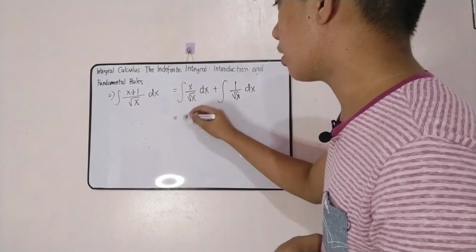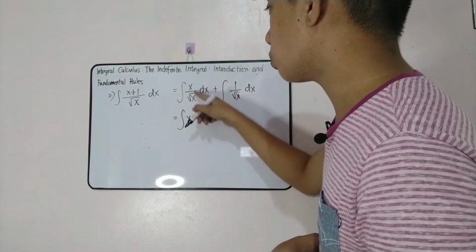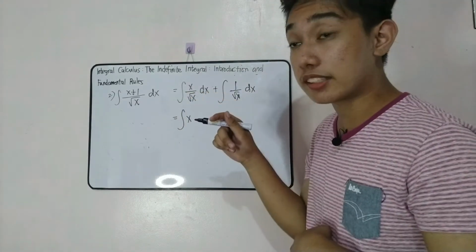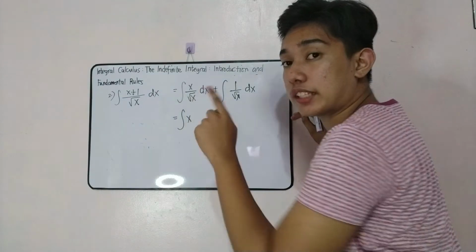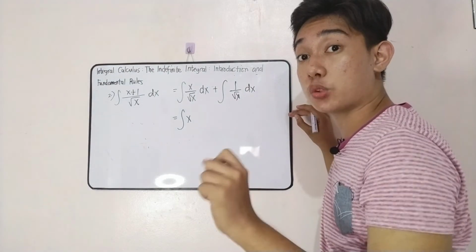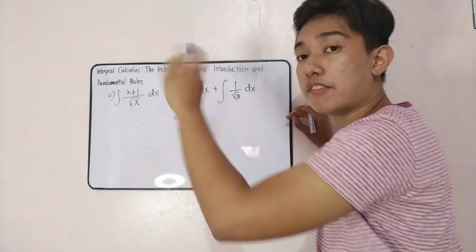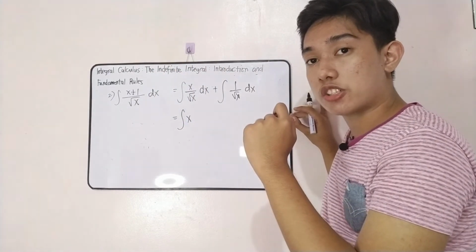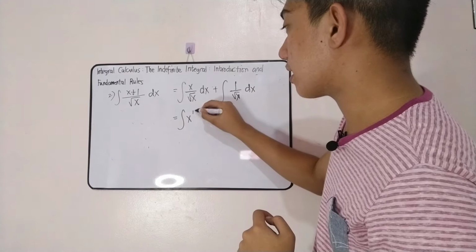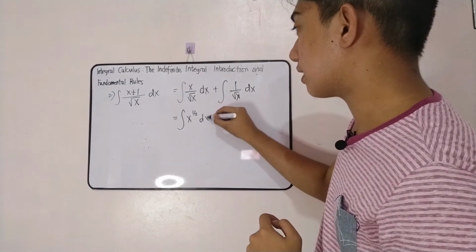So, to transform this one, this becomes x raised to, remember the laws of exponents, this has exponent 1 and the square root of x has exponent of 1/2. So, x raised to 1/2. And remember that division siya, so x raised to 1 minus 1/2. Therefore, this will become x raised to 1/2 dx.